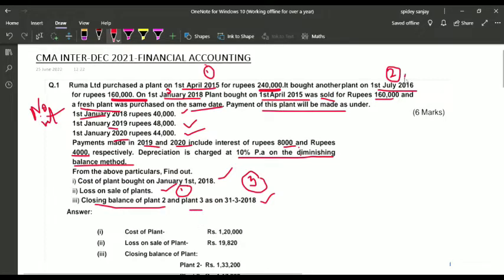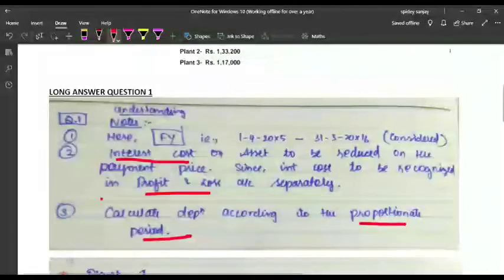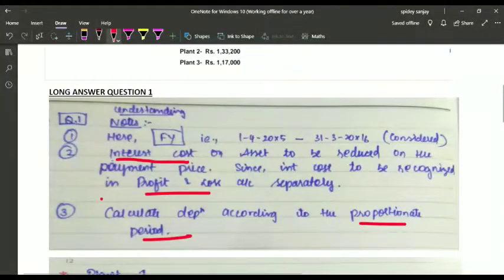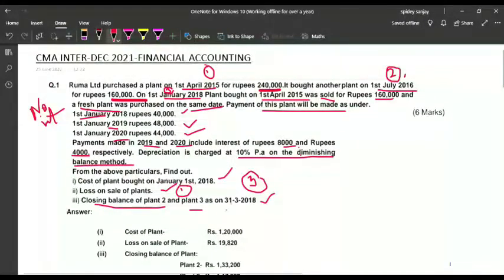So we are going to see how we approach this sum. But before we start, I am giving some understanding notes. The sum ends on 31st March 2018, so it follows the period of 1st April to 31st March.